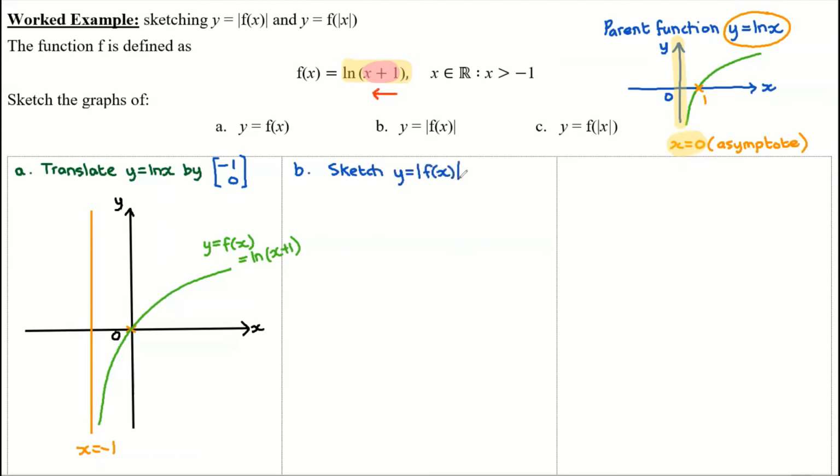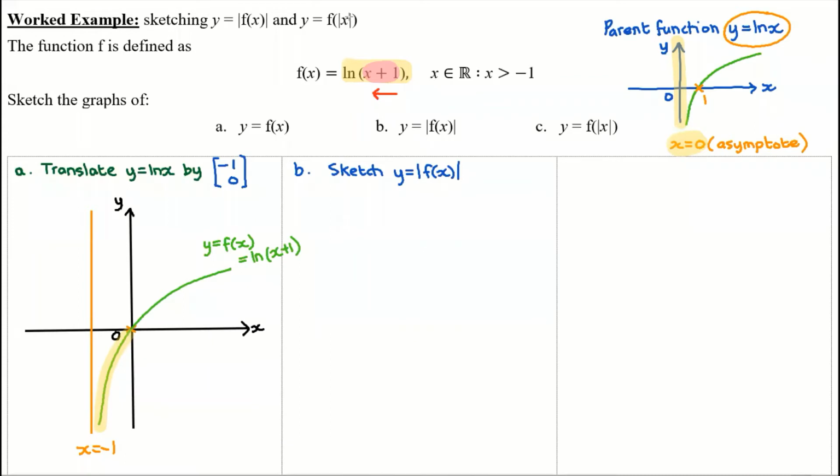This is the first type of modulus graph we've looked at. So going back to our sketch here, the rule is, of course, that anything that dips below the x-axis is immediately reflected in the x-axis, because we're not allowed to have any negative values whatsoever.